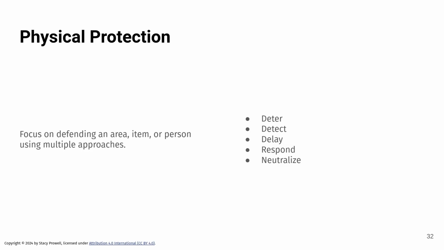The focus is on defending an area, an item, a person, something, and you want to use multiple approaches. And you can organize your defense of that in terms of detection, deterrence, delay, response, and neutralization. And we'll go through what all those are next.